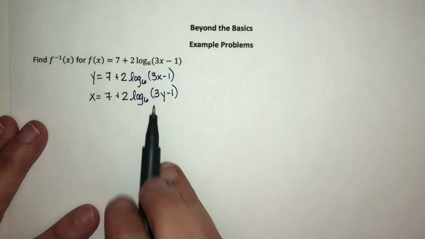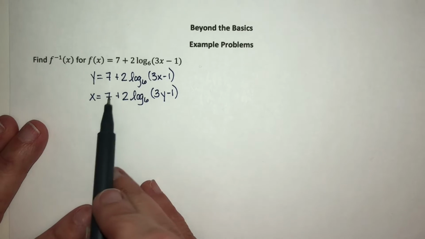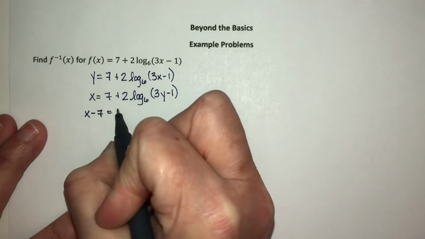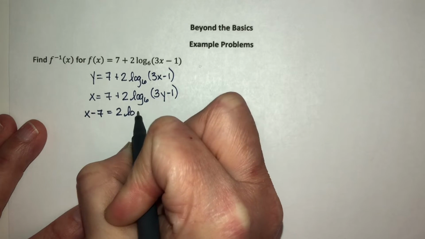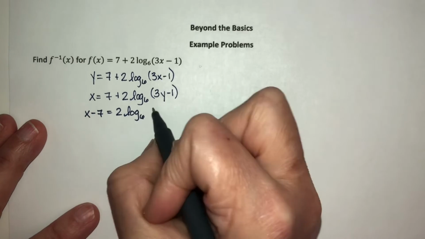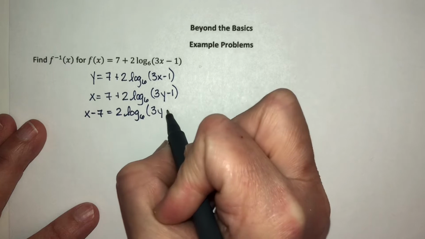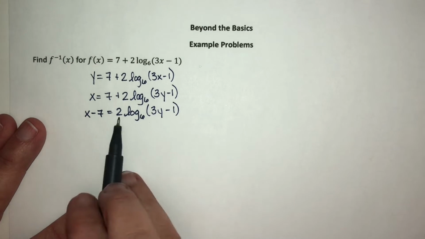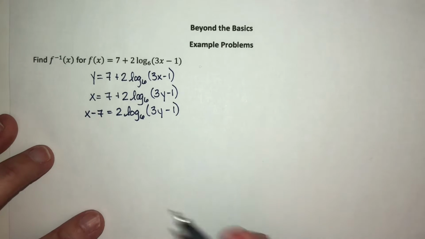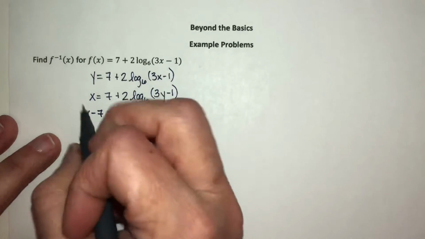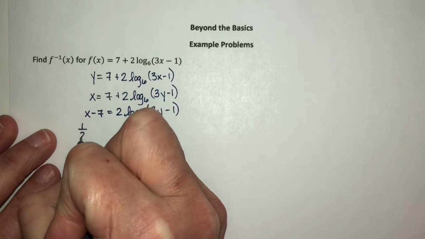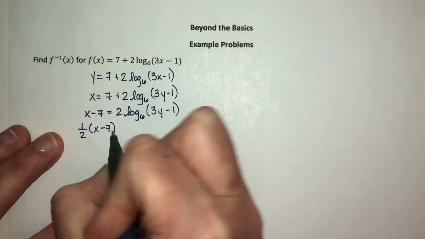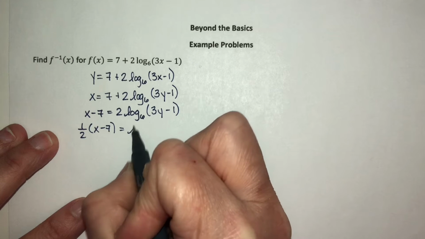And now my goal is to solve for y. So I'm going to subtract 7 from both sides. Now divide both sides by 2 or multiply by 1/2, and things are going to look nicer, and you'll see why in a little bit if you write it as a fraction.